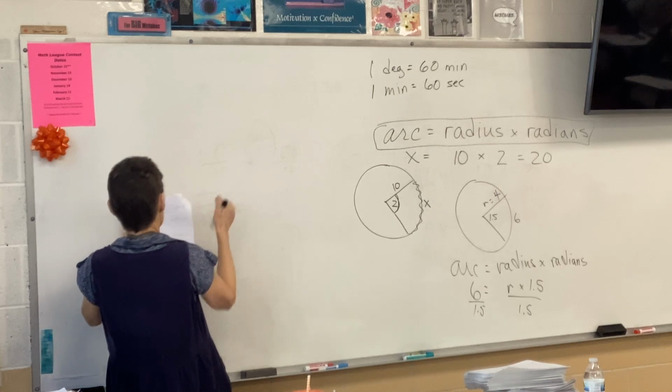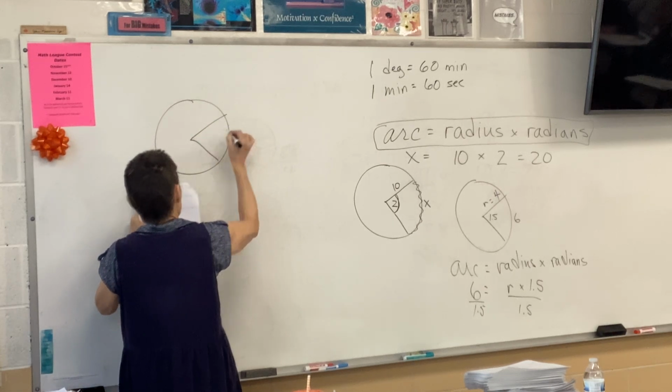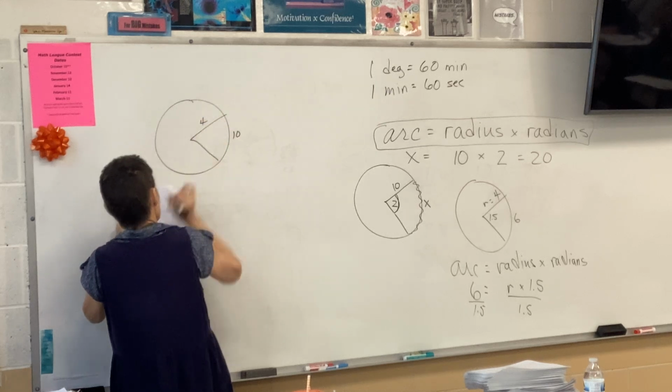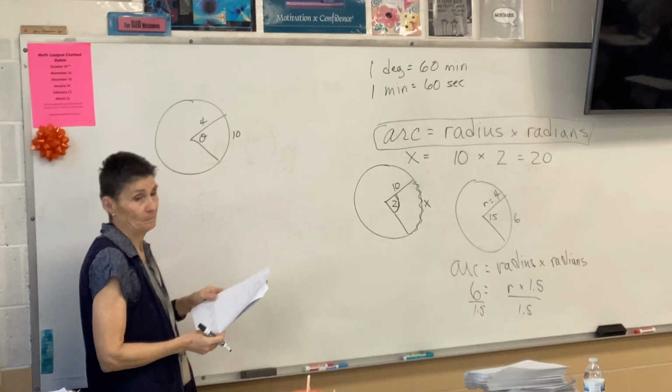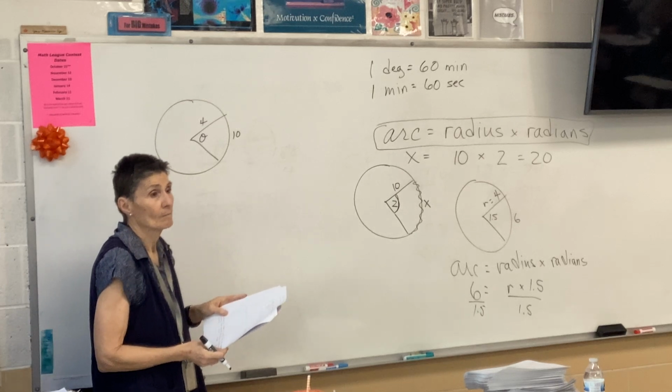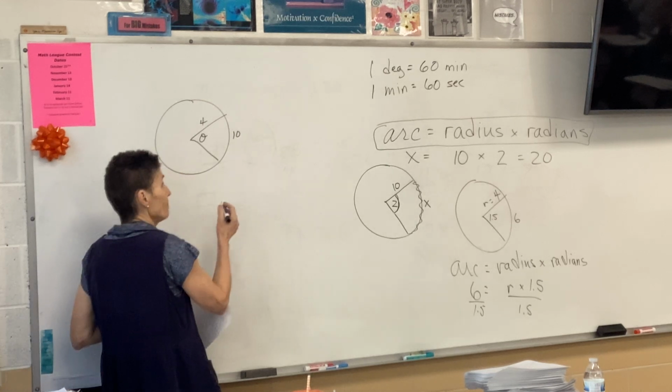All right, let's look at C. Arc length is 10, radius is 4, theta is unknown. So what does my formula say?